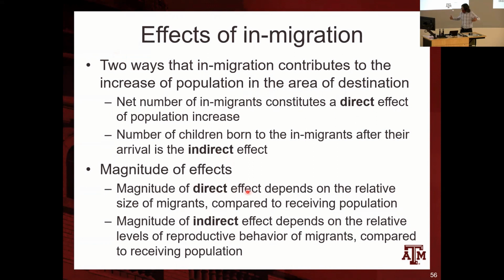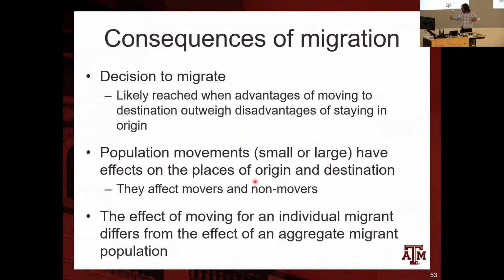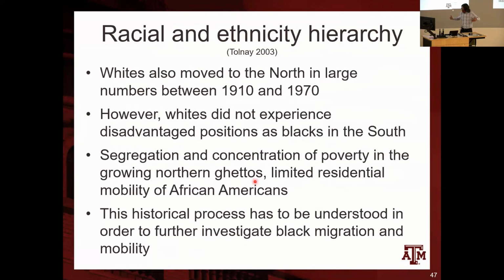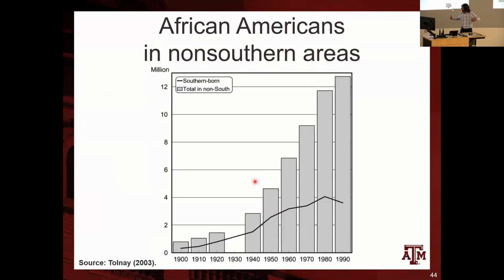The direct effect depends on the relative size of migrants compared to the size of the population of destination. The indirect effect depends on the fertility levels of these migrants, how many children they have compared to the population. So if you just go back to that graph, just to make it clear, here in the columns, we have the overall African Americans living in non-southern states.